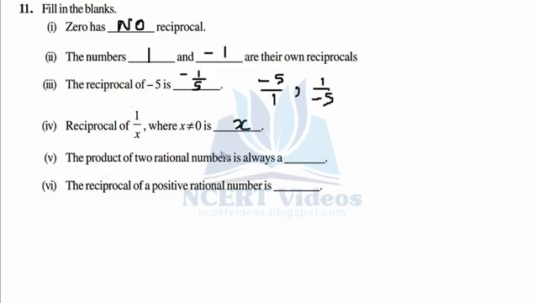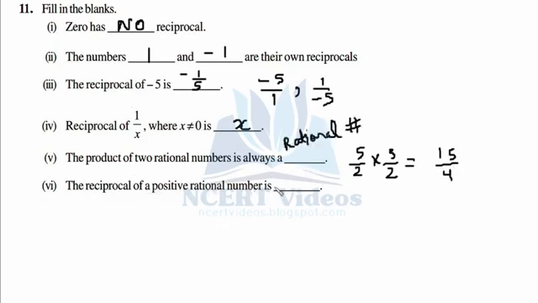Fifth, the product of two rational numbers is always a rational number. For instance, we take two numbers, 5 over 2 into 3 over 2. That gives you 15 over 4. It fulfills the condition of a rational number, that is, it can be written in the form of p over q, where the denominator is not equal to 0. So the product of two rational numbers is always a rational number.